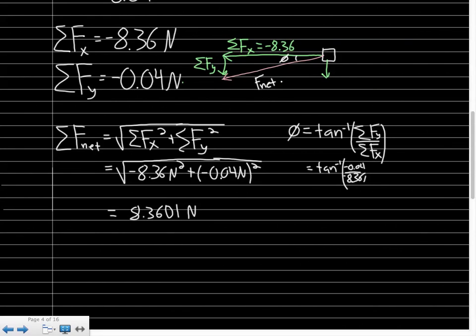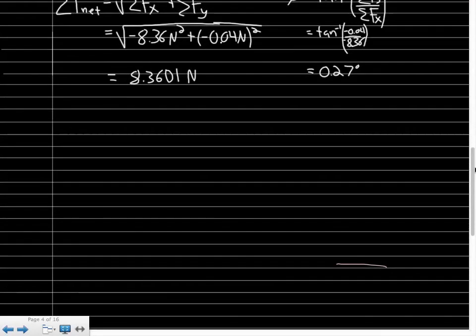What do you predict the angle to be? Really small or really big? I'm guessing really small, like baby. 0.04 divided by 8.36. And you get out 0.27 for your angle. 0.27 degrees is this angle right here.